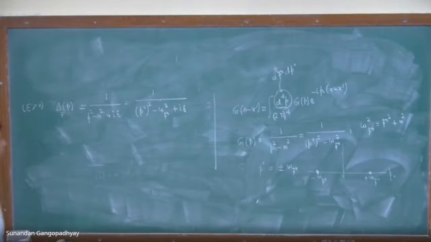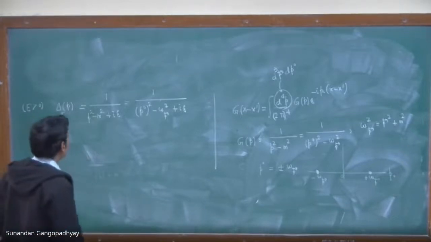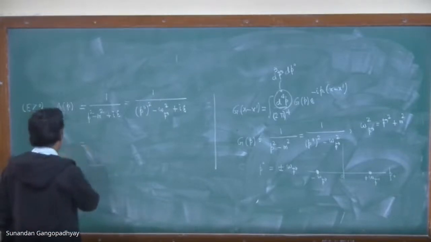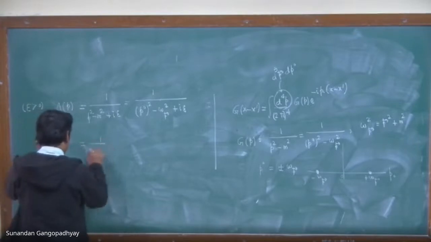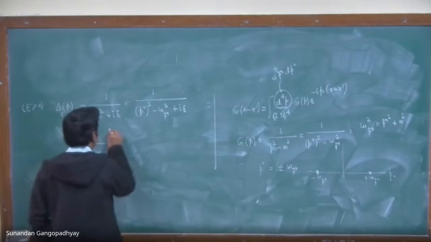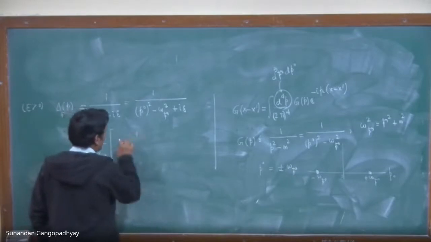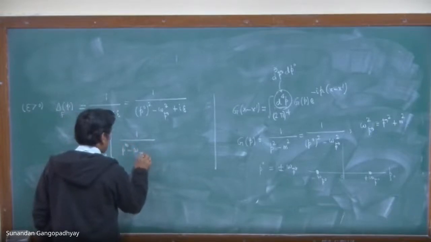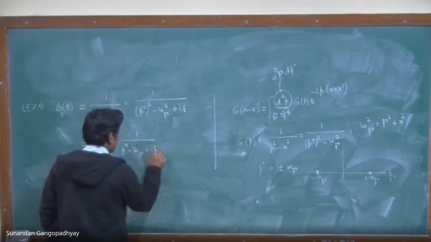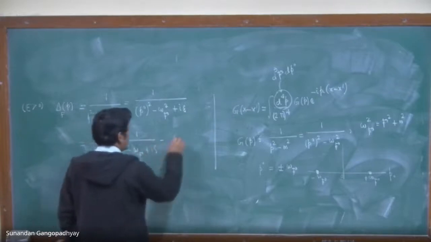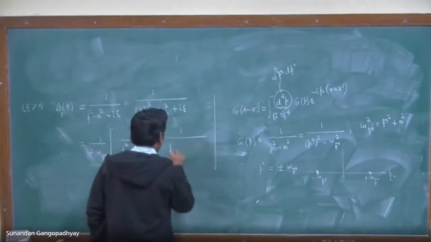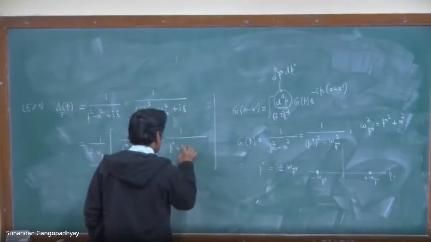And from here, you can immediately see that you can write this down as 1 by 2 omega p, 1 by p0 minus omega p plus i delta minus 1 by p0 plus omega p minus i delta.